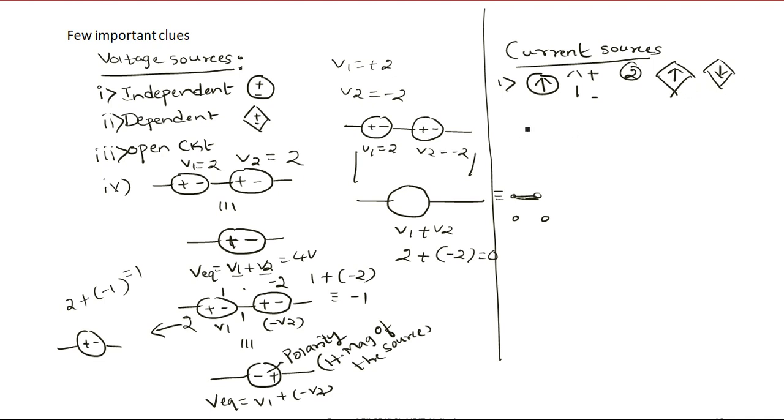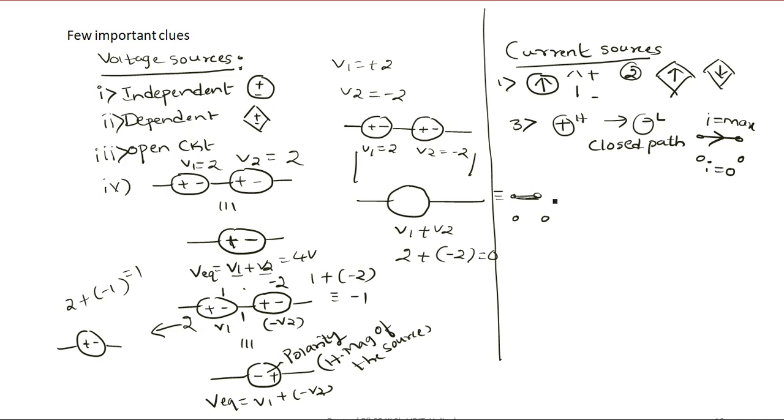And the condition for current to flow: no doubt current will flow from higher potential to lower potential, but it requires a closed path. So if we have a short circuit, then we can say current is maximum, and if we have the open circuit, we say current is 0.